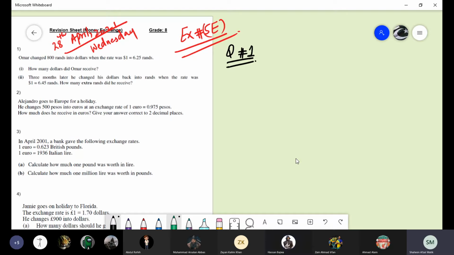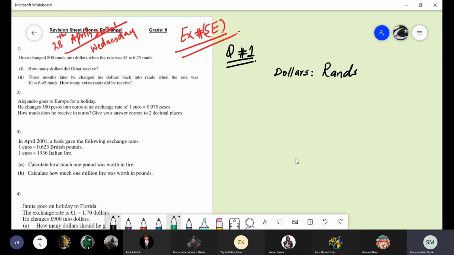Yes, ma'am. Umar changed rands to dollars. If $1 is 6.25 rands, then 1 ratio to 6.25, so X ratio 800. This is the South African currency, rands.